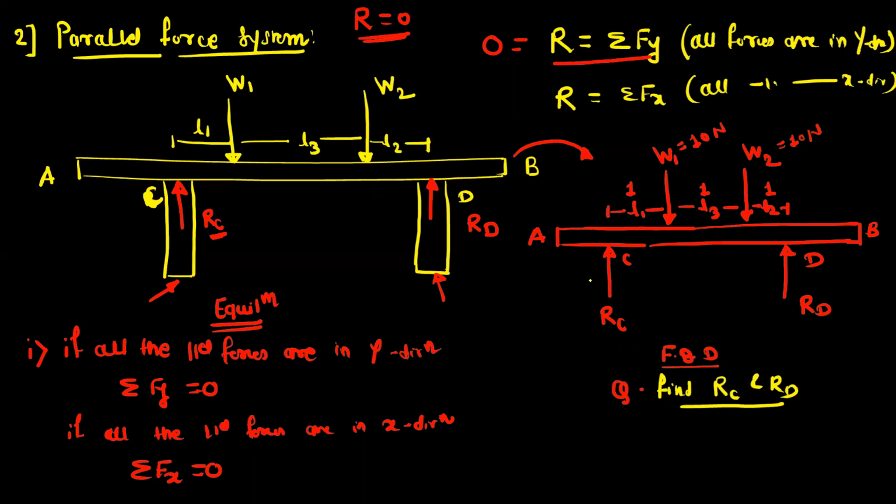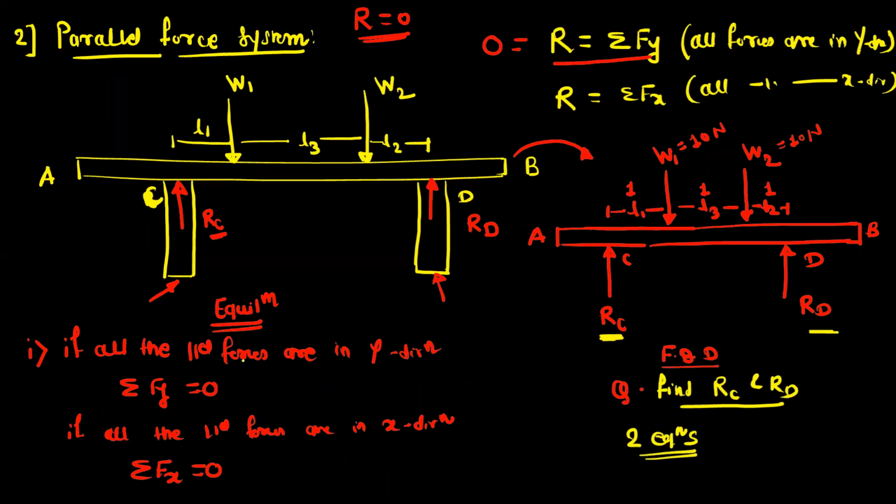So if you observe this free body diagram, then you have two unknowns. One is RC and second is RD. So for two unknowns, you must have two equations. Two unknowns you can find by using two mathematical equations.